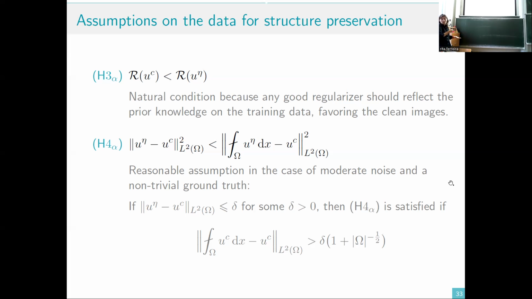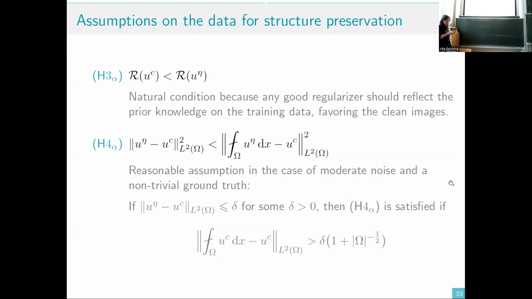I'm not saying that it has to be small, it is just a delta number. And if you have a somewhat non-trivial ground truth, so a clean image that is a bit away from being a constant, measured in terms of this delta, then you can prove that this condition holds. So there are cases in which you can prove that these two conditions hold.